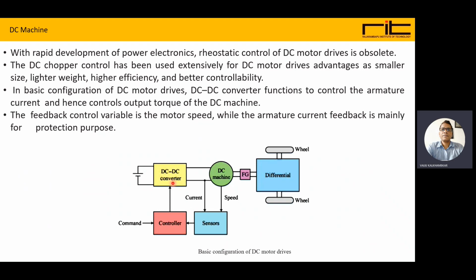There is one to control the voltage and control the power, and it has the sensors for speed and current sensing, and via this controller it is given to control the DC to DC converter. Then the mechanical output will be given to the differential through the fixed gear. This is the differential gear, and it will transmit the power at 90 degrees to the wheels.